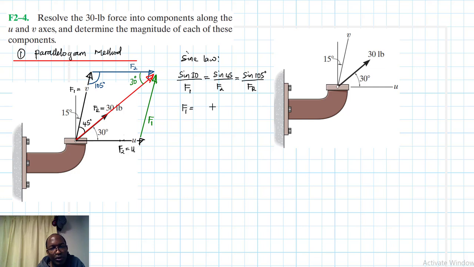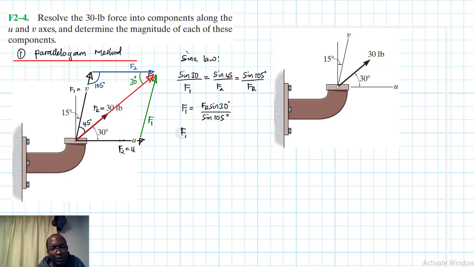So F1 is going to be equal to FR sine 30 divided by sine 105.